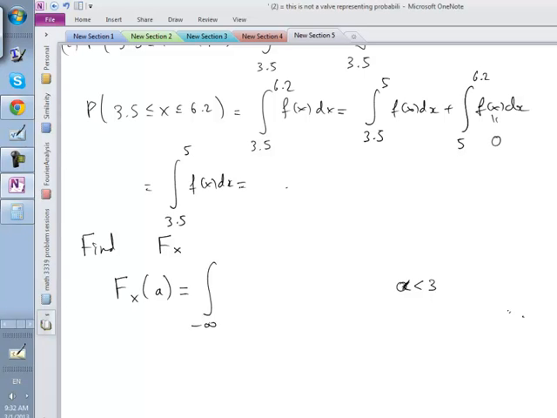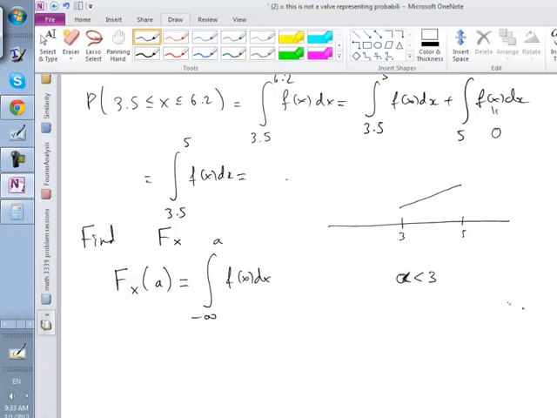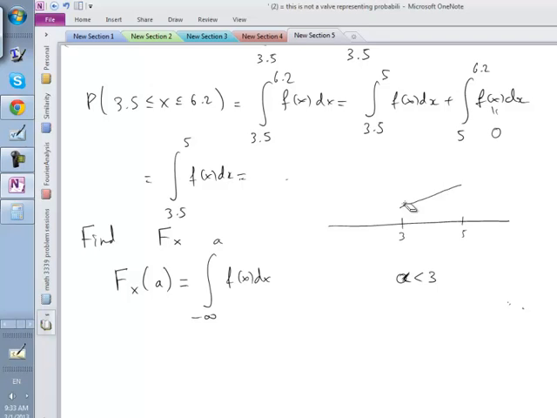That would be the integral from negative infinity all the way to a, f of x dx. Let's graph the function again so we can have some perspective. So here is 3, here is 5, and that's the graph of the PDF. The red line should be the graph of the PDF.